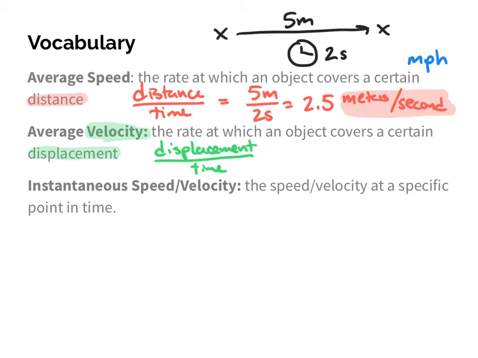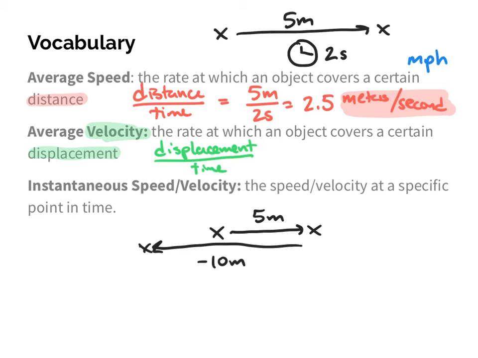Now, why this is different, and I'll draw it below, is if I were to travel from that position and go 5 meters east, and then all of a sudden I change directions and go 10 meters west, notice how I'm changing direction here. So if I think of this in terms of distance and displacement, my distance would be 15 meters, but my displacement, because that 10 is to the left, would be a negative 10.